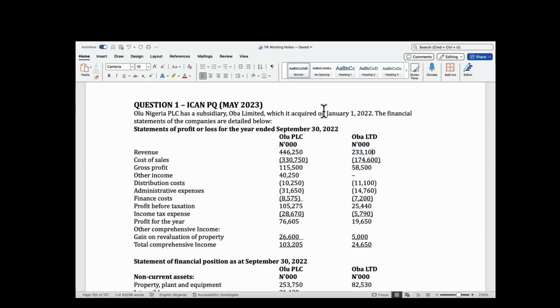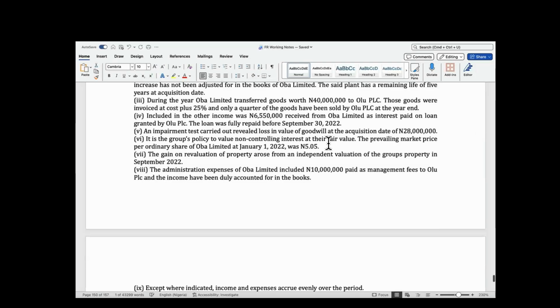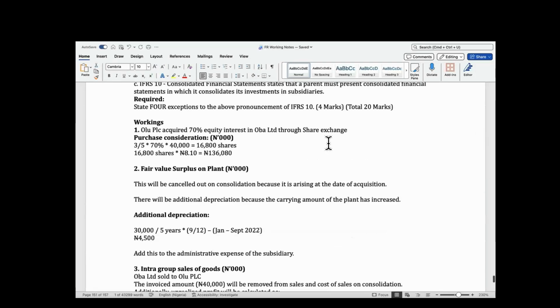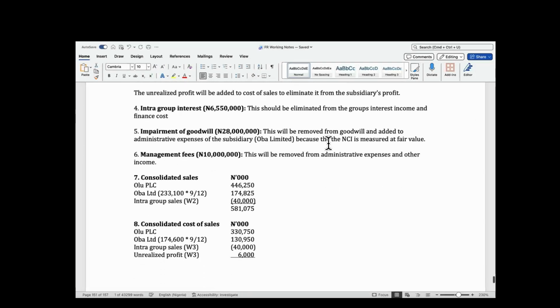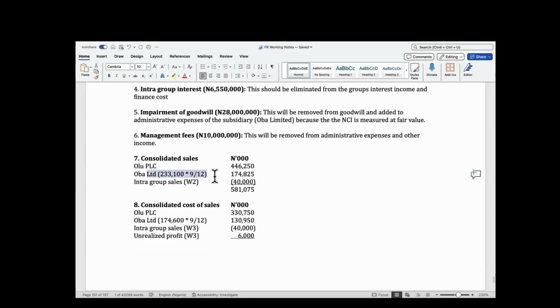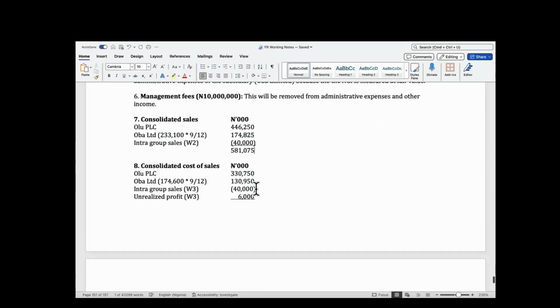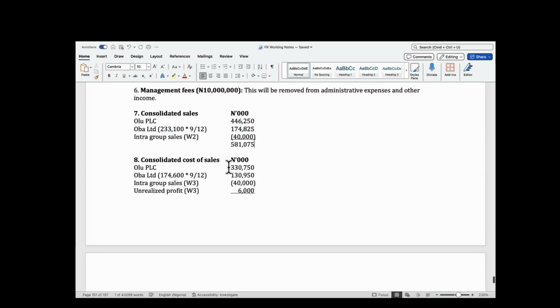But that of Oba, since we acquired him during the year, we'll prorate this by 9 months. January to September is 9 months, so you do 9/12 of that, which gives us this. Then you remove the intragroup sales of 40,000 as shown in workings 2. So this is what will consolidate. Then cost of sales, that of Olu is in the question.